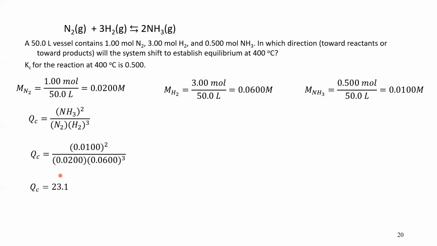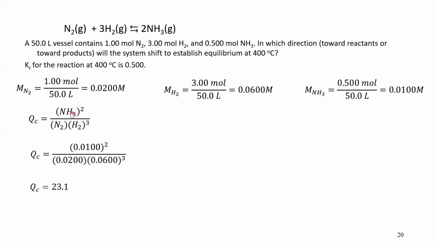That means the system is not at equilibrium. Well, K can't change. As long as we don't change the temperature, K is a constant. Q is the value that will change. And we're going to want to make Q smaller in order to get it to equal 0.5.